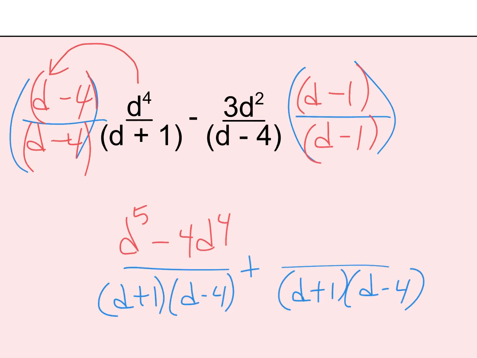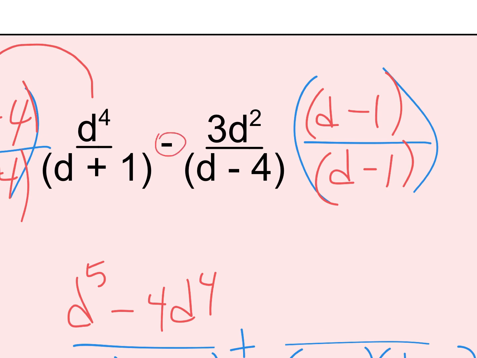Now, if you forgot already that this negative was here, you were going to lose points. Because that negative is really on this 3, and you're going to distribute that negative in here. You know how the negative getting distributed is one of the most common mistakes? Yes?